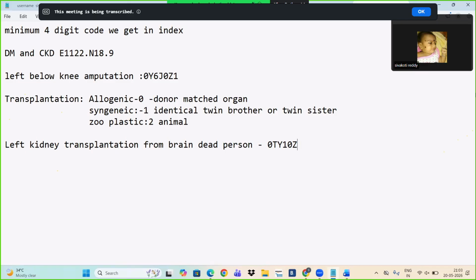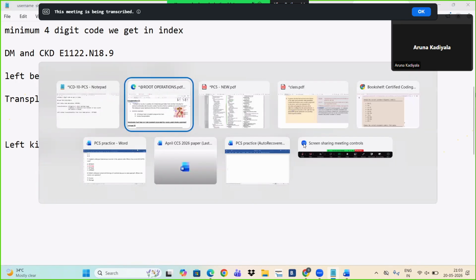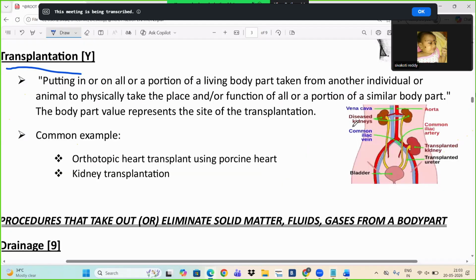Correct? Suppose kidney transplanted from the identical twin brother. 1. Okay? Like this, we need to identify the qualifier there. Clear, transplantation.